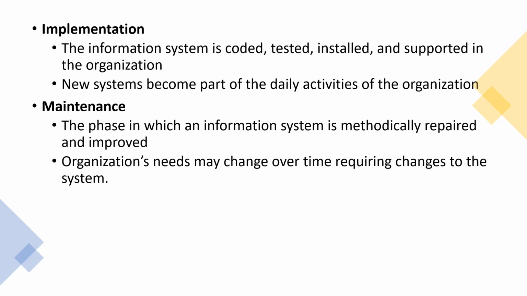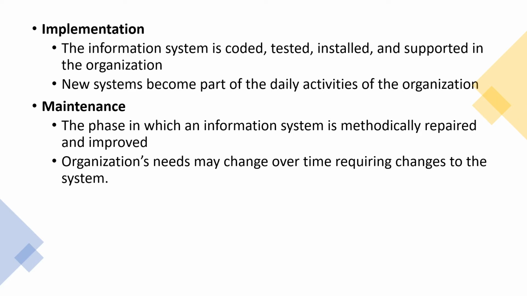The system, after it has been developed, is installed in the organization and supported in terms of training and any other activity that needs to be done. Therefore, the system becomes part of the daily activities of the organization.